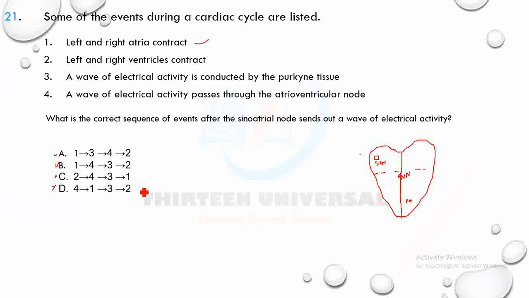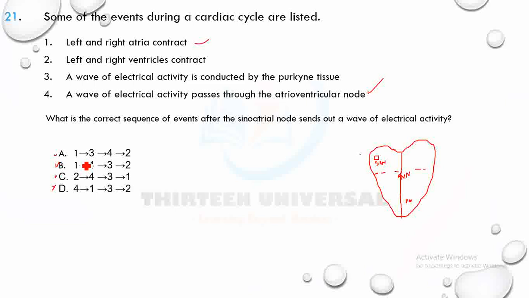Once it sweeps, the wave of electrical activity will have to pass through the atrioventricular node, so it is delayed for a short time so that the atria and ventricles don't contract at the same time, and that's number 4. So A is 1 and 4. B is already the answer.